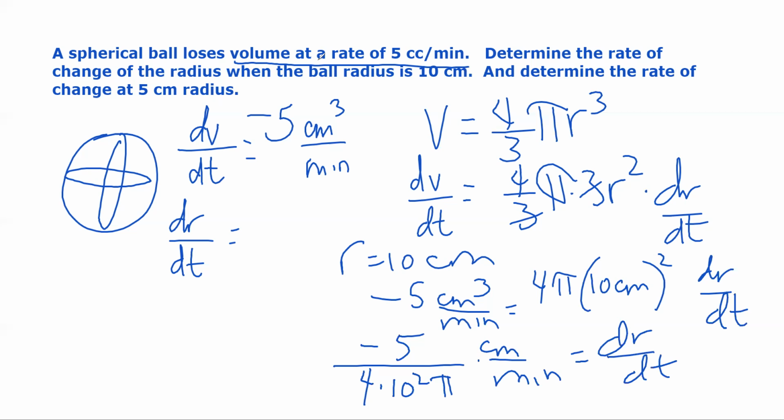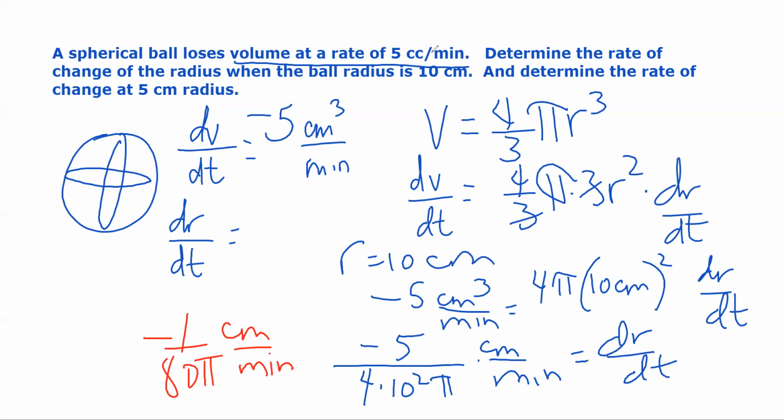Now this will reduce down to our final answer, which is -5 over 400 pi or -1 over 80 pi, which is a radius that's actually shrinking quite slowly, but ultimately it is shrinking.